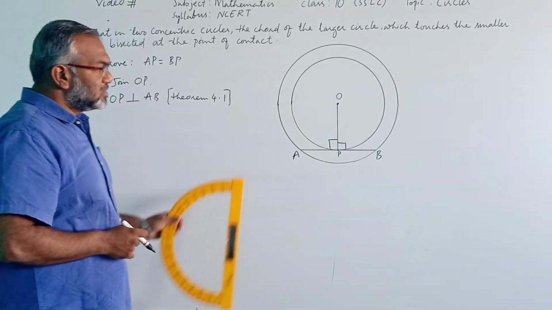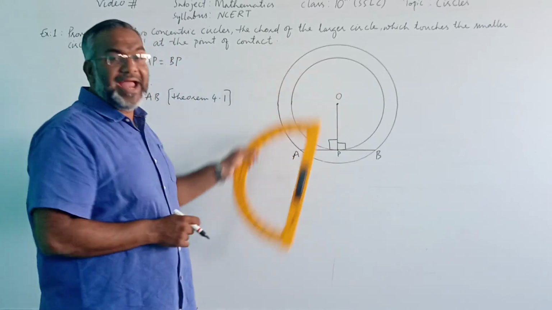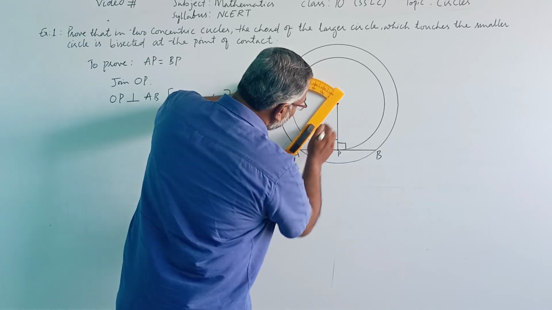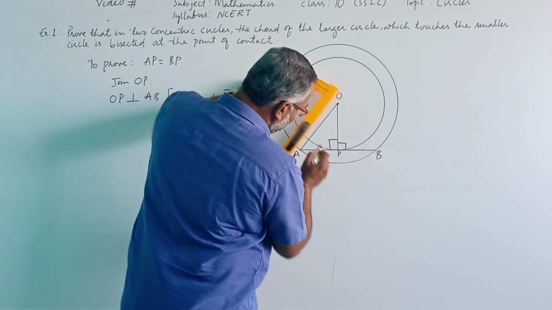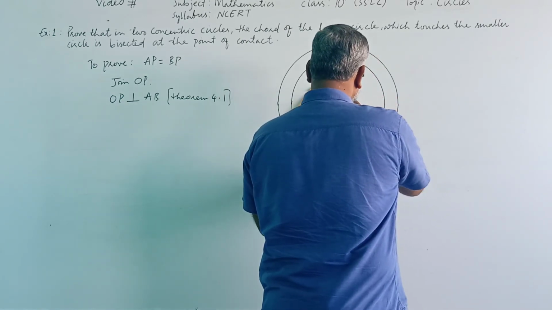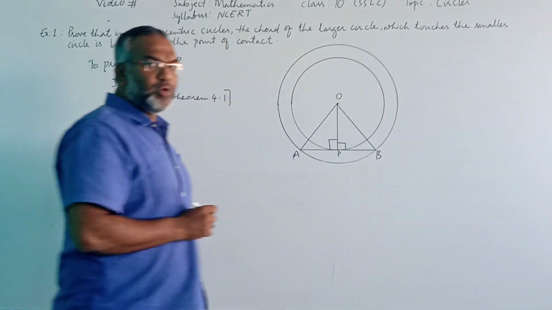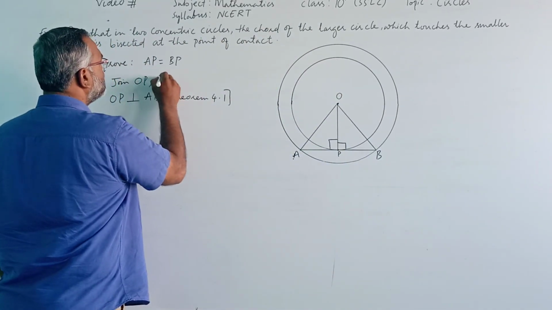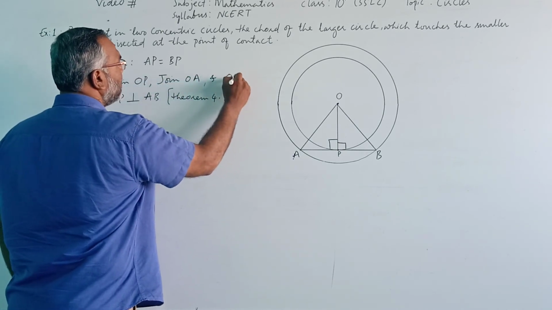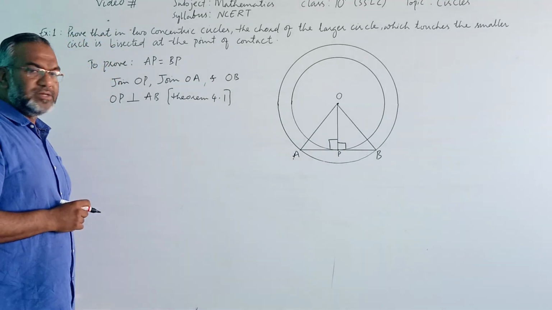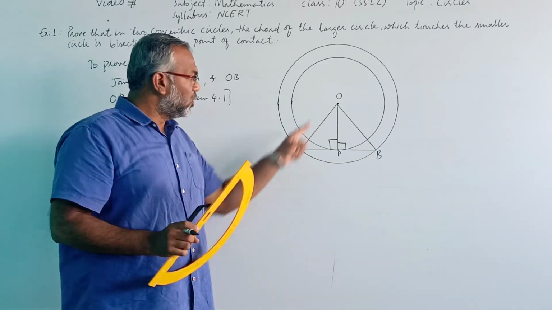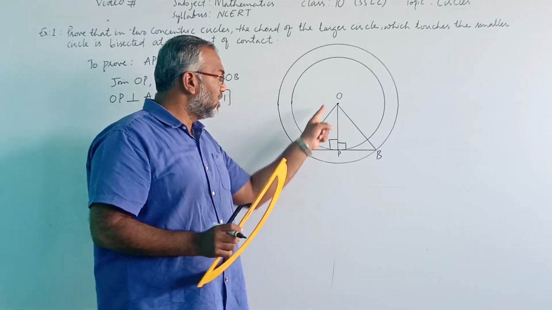Now join OA and OB also. After joining, OPA is a right triangle.